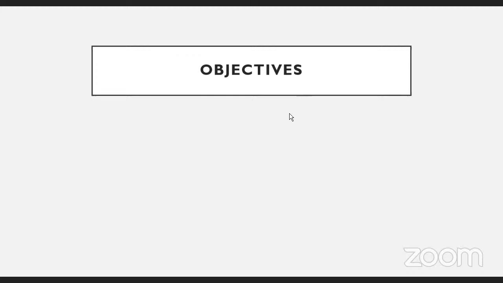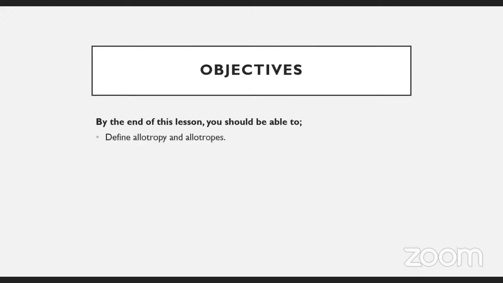So as we wait for more answers, we have some objectives for this lesson or this seminar. First of all, by the end of this lesson, you should be able to define allotropy and allotropes. We should also be able to name and describe the structure of diamond and graphite. We are going to see what diamond and graphite are in this case.